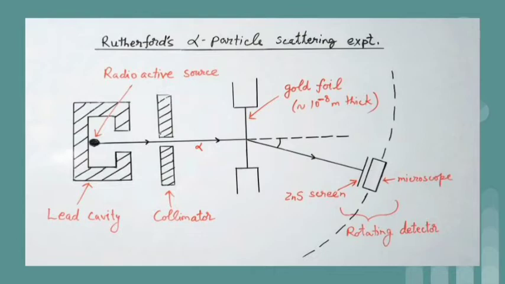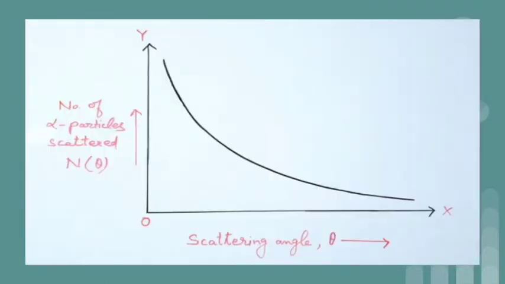The angle of deviation of an alpha particle from its original direction is the scattering angle theta. Now see the graph plotted between the scattering angle theta along the x-axis and the number of scattered alpha particles N(theta) along the y-axis. The explanation of the results led to the nuclear model of the atom.